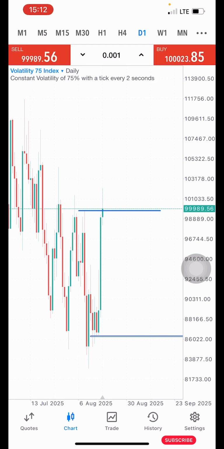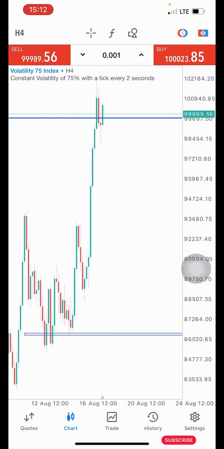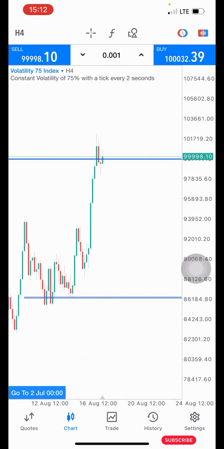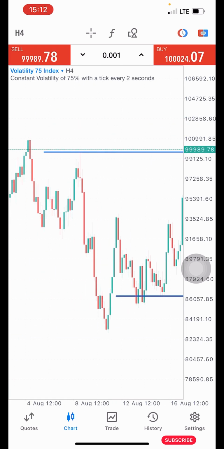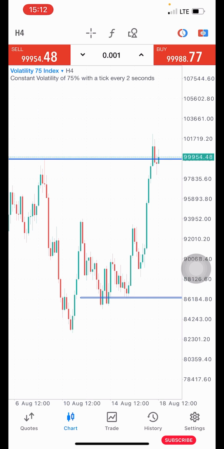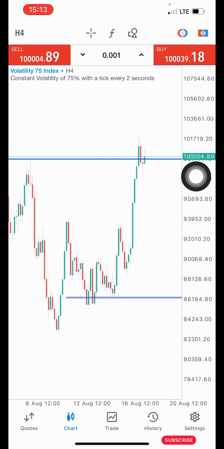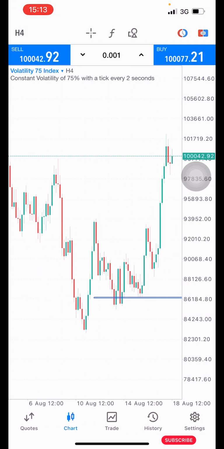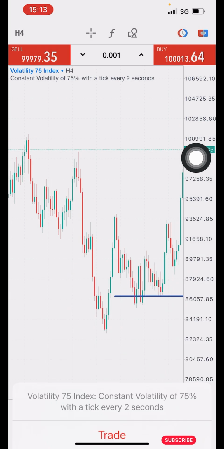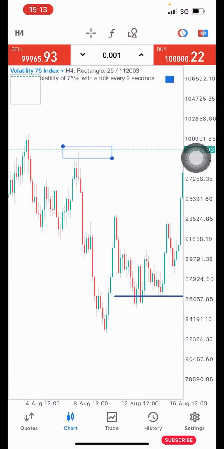Now I'll be heading to the 4 hours time frame. Here on the 4 hours time frame, you can see that we have a resistance zone around this area. I'm going to get rid of this line and mark it properly. We are a little bit zoomed into the market, and you can see clearly what is happening. So you mark this area of resistance here.